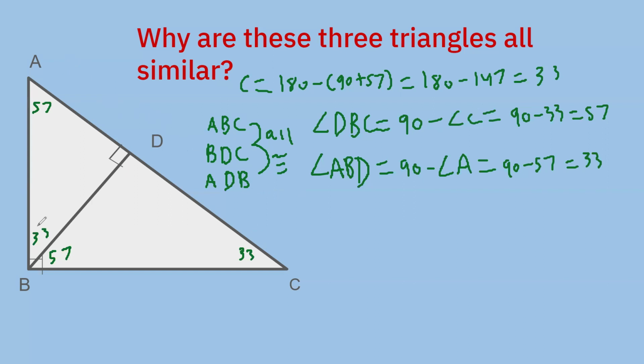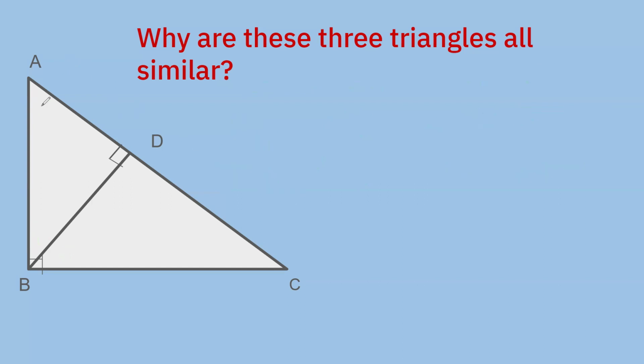You could do it with variables, and I'll do that quickly just to show you how the principle always carries, right? So we said A was X degrees. That means C is 90 minus X degrees, right? And then that means angle DBC, we'll do that here. DBC equals 90 minus parentheses 90 minus x.